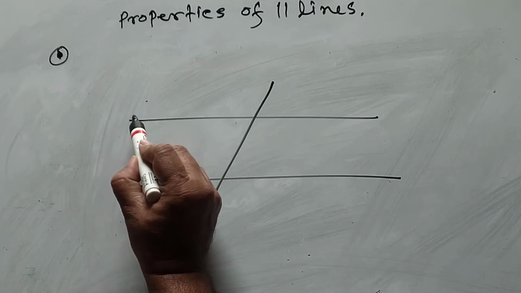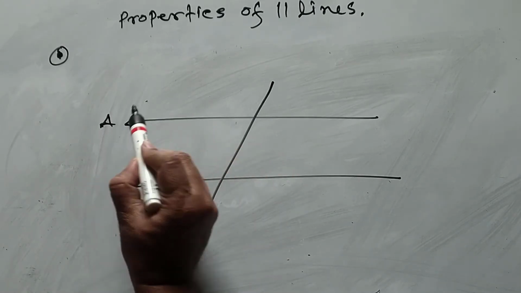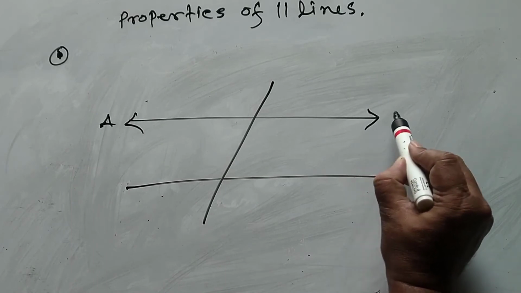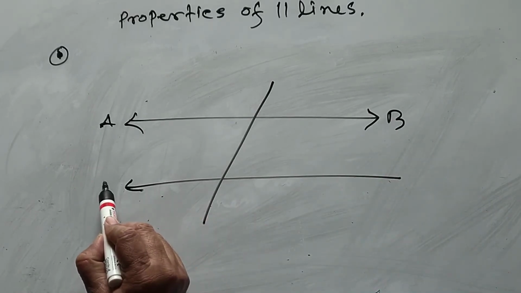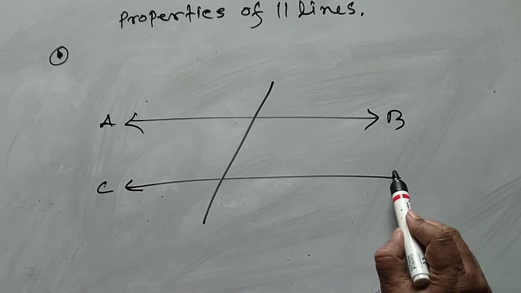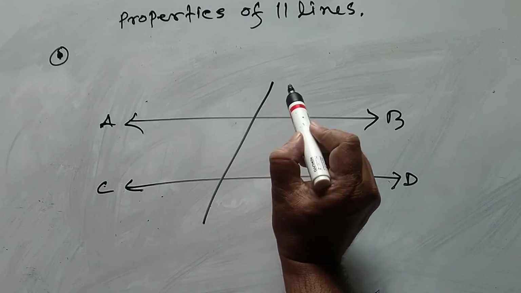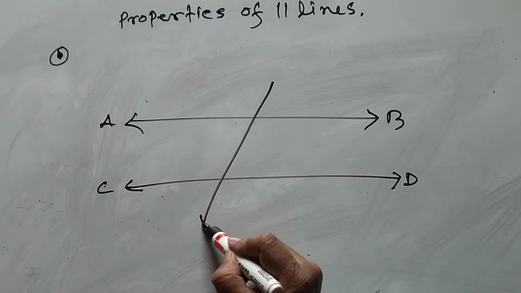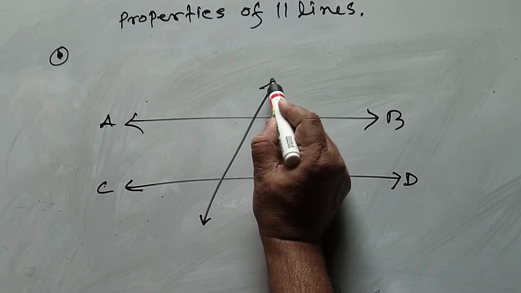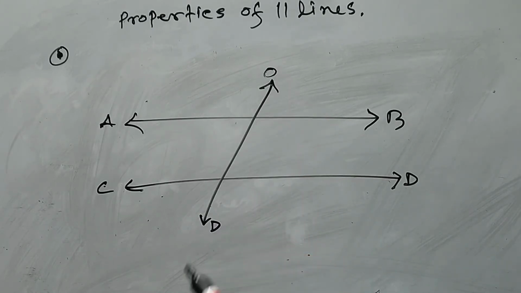Okay, so these are two parallel lines. And this is the transversal, say OD.